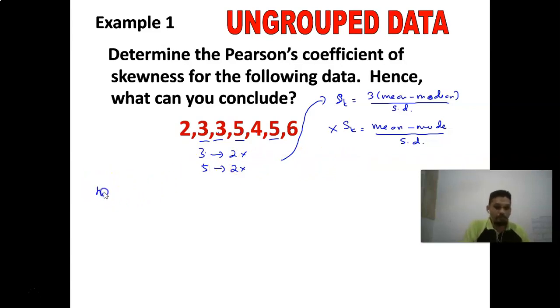So then mean equal to 2 plus 3 plus 3 plus 5 plus 4 plus 5 plus 6 divided by 7, the number of data, equal to 28 over 7 equal to 4.